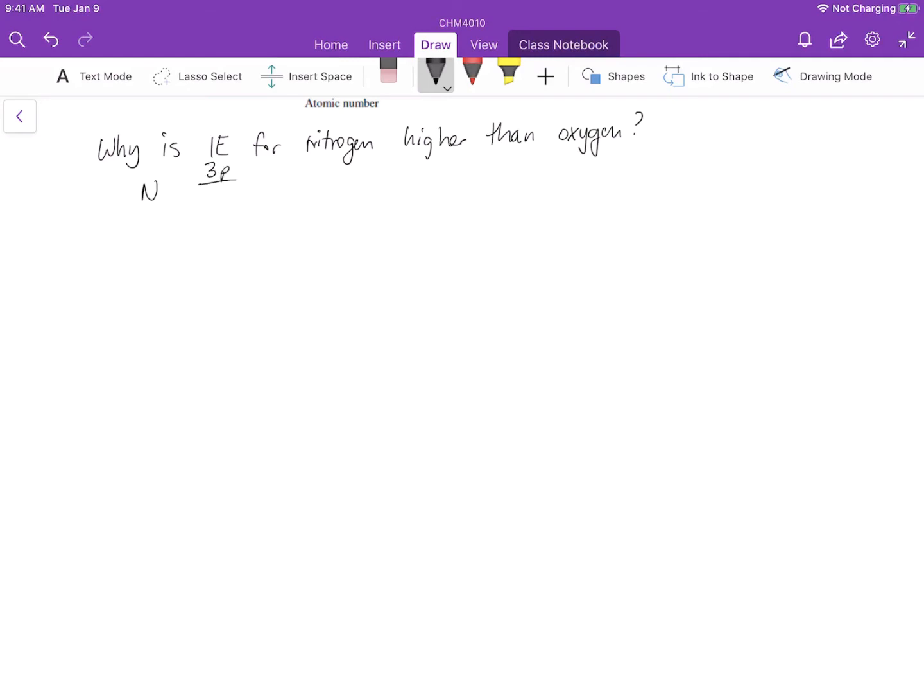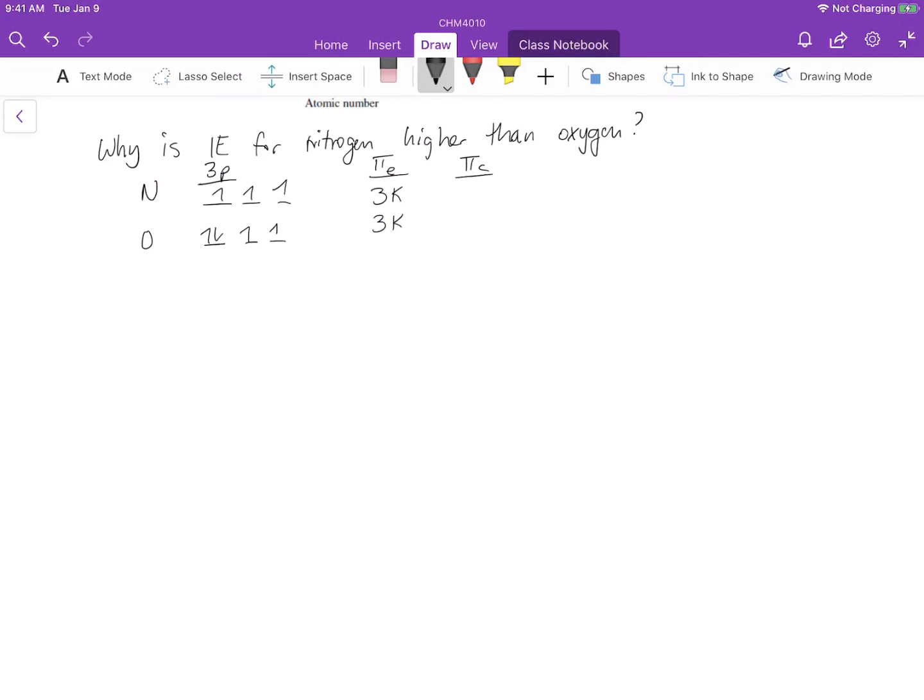If we draw the 2p configuration, for nitrogen we have 3 electrons, and for oxygen we've now added 1 additional electron. If we calculate our exchange, in both cases we have 3K of exchange from all of our spin-up electrons, but in oxygen we now have repulsion.